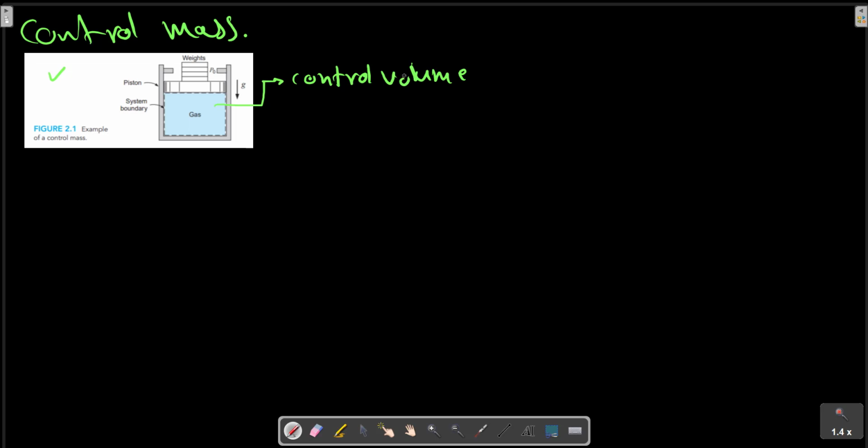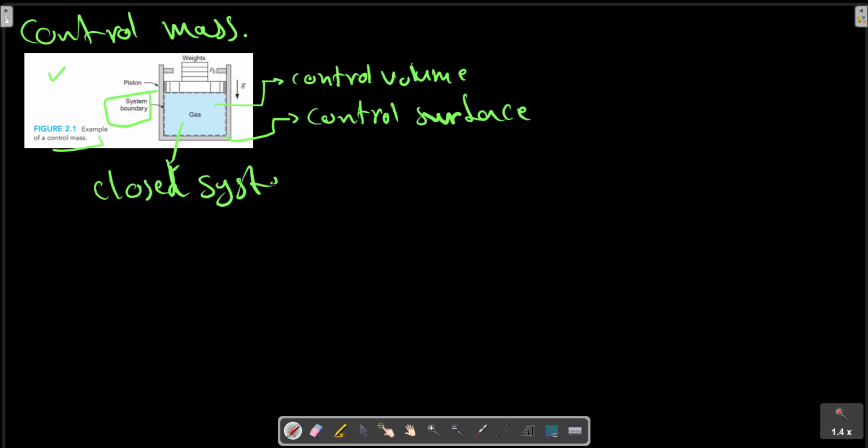By placing a control surface around it, as shown, system boundary, control surface, we recognize that it is a control mass because the system is closed.